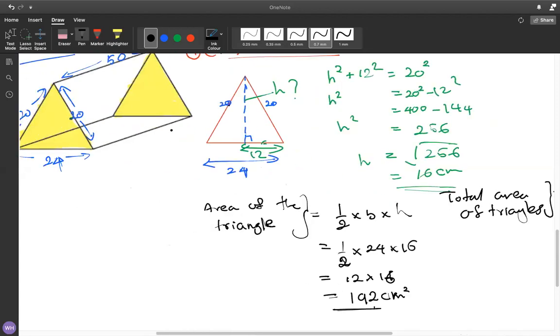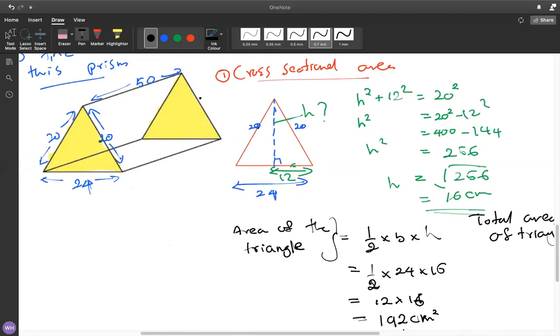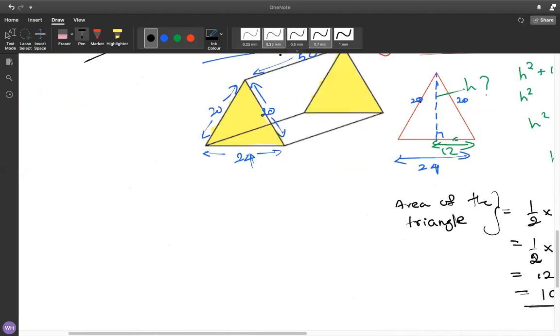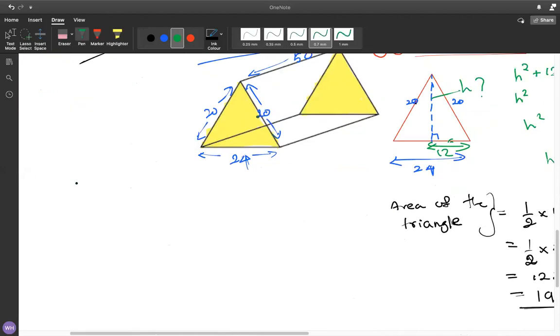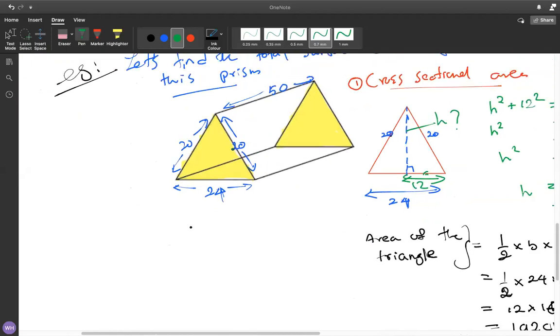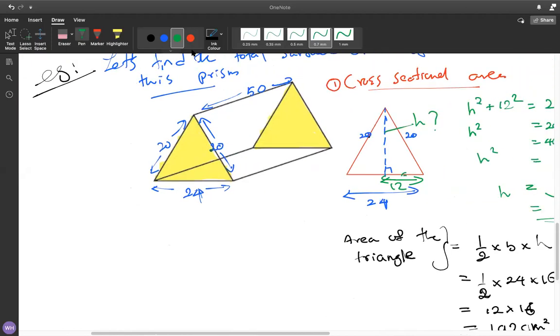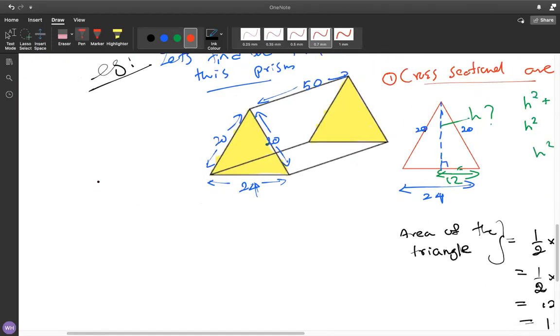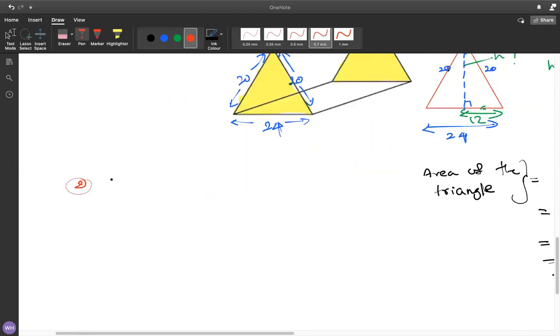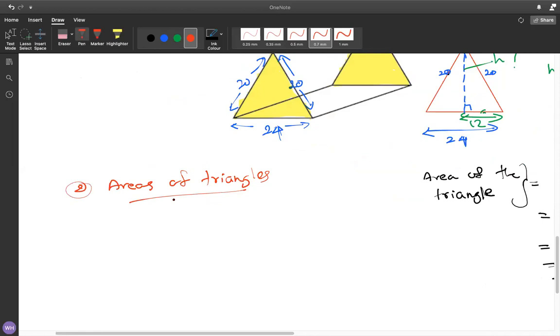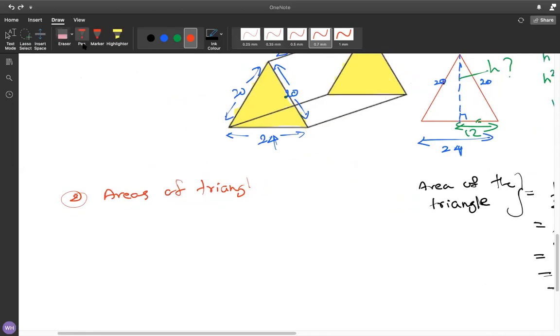Now we need to find the 3 rectangles. First we found the cross section area. So let's find number 2, the areas of rectangles.